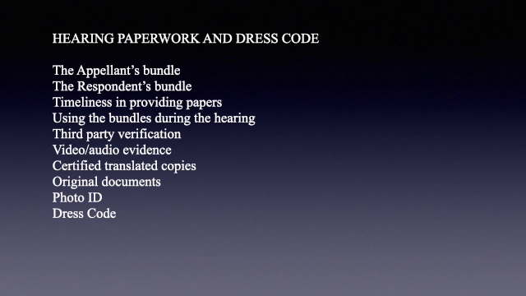By the time your lawyers prepare your bundle, they would have received the respondent's bundle as well. There is no need to repeat the documents in the appellant's bundle which have already been provided in the respondent's bundle. Another important point is the timeliness in providing the paperwork to the tribunal and the respondent from your side.